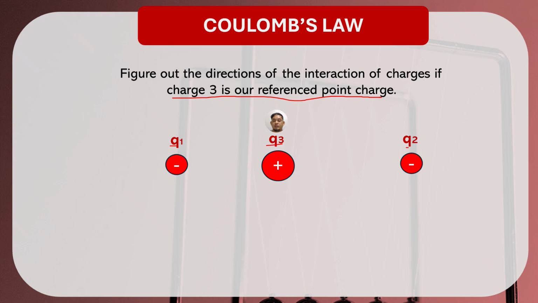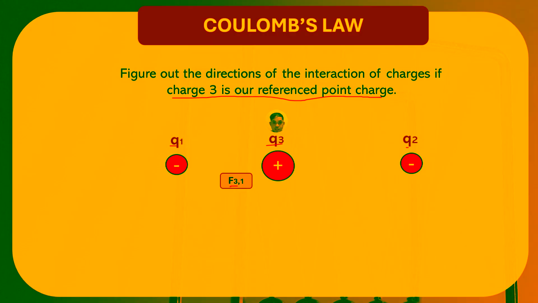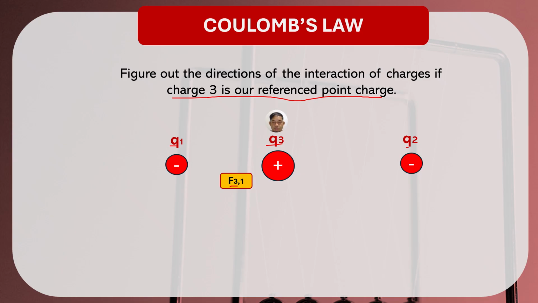We have two charges interacting with charge 3. Let's begin with force on 3, because charge 3 is our point charge, our reference, our focus. So force on charge 3 due to 1.